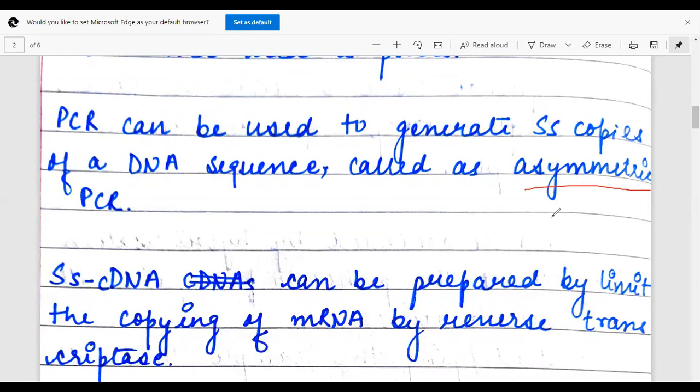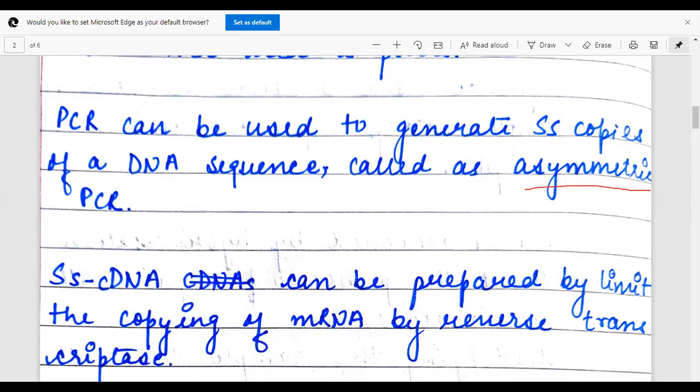In asymmetric PCR, we manipulate the primers in such a way that after a certain number of cycles, say 10 cycles, one primer is exhausted, so only one strand is amplified. Only the single stranded primer allows the extension, so one strand is labeled and can be used here.